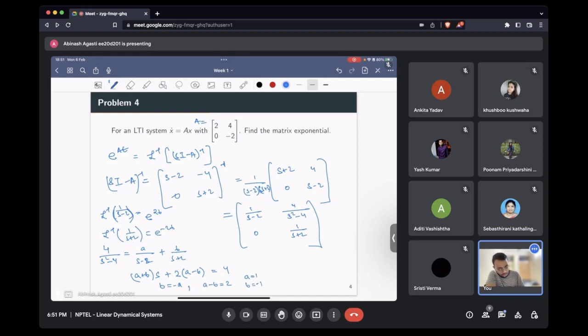Okay. So this term 4 by S square minus 4 can be written as 1 by S minus 2 minus 1 by S plus 2. So that just gives us Laplace inverse e to the power 2t minus e to the power minus 2t.